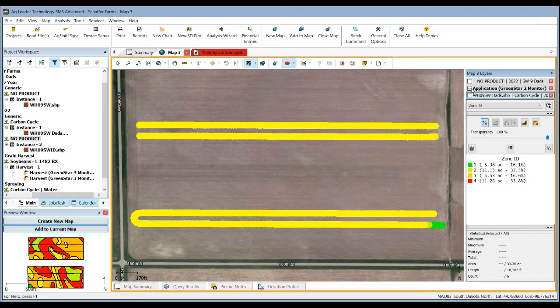Then once we got the harvest data back, I had to figure out how I was going to analyze the data. I didn't want to compare where the Carbon Cycle was sprayed to the entire remaining part of the field. I don't think that's a smart thing to do.